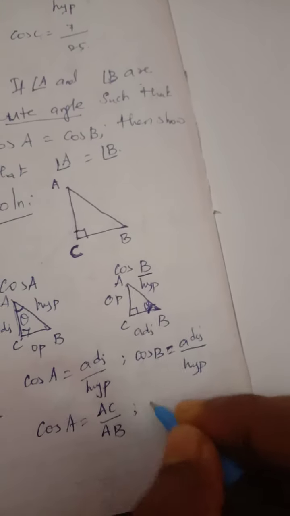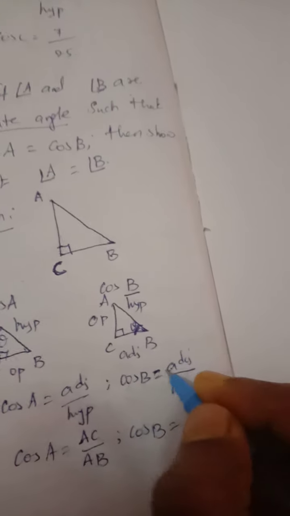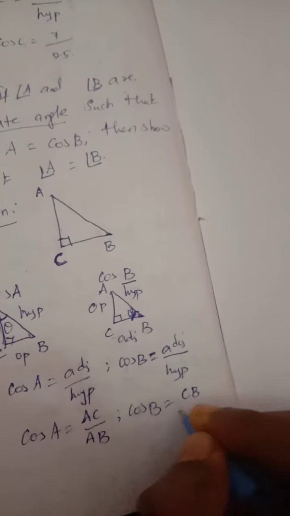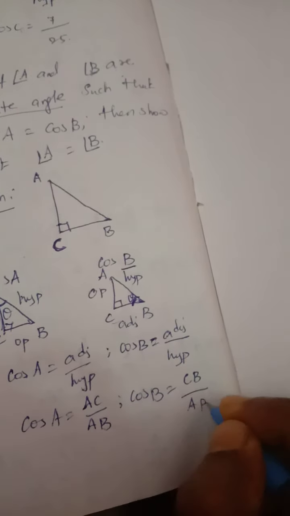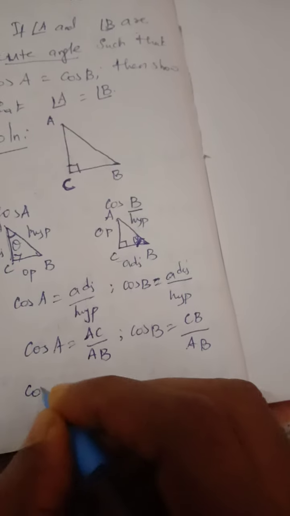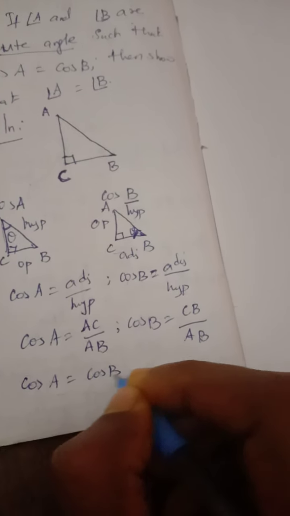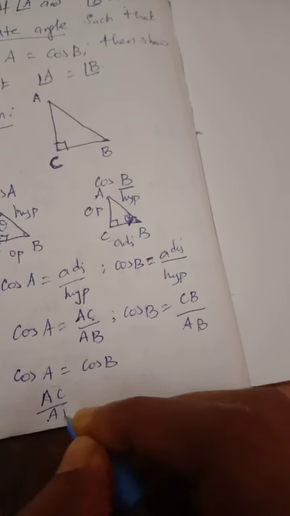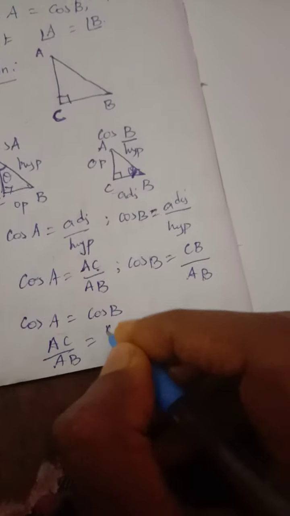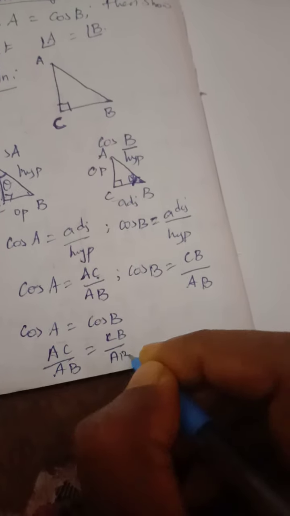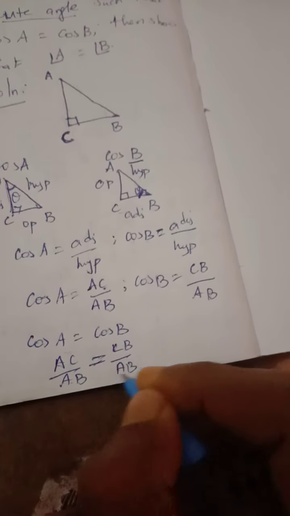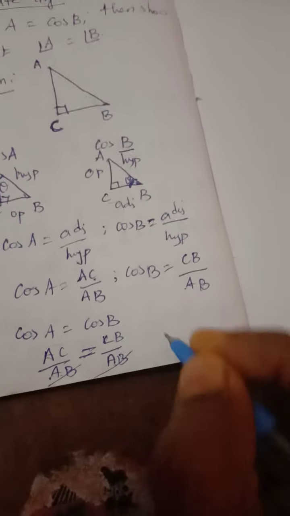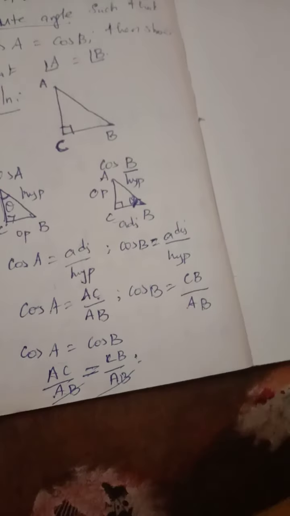For this case, cos B is equal to adjacent CB by hypotenuse AB. It is given that cos A is equal to cos B. So compare the ratio: AC by AB is equal to CB by AB. Since both denominators are the same, you can cancel and write AC is equal to CB.